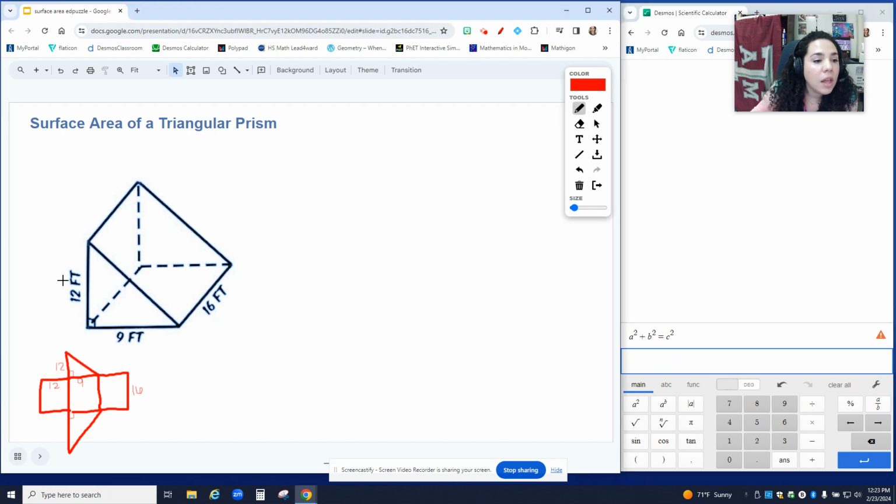And the two legs would be a and b, so this would be our a and our b. Those are the two legs, and then we have our hypotenuse that's represented with c, okay? I'm going to outline that just so that it's a little bit easier for you to see.